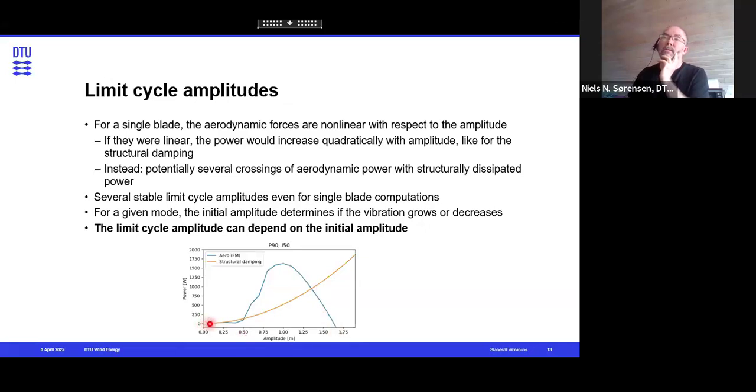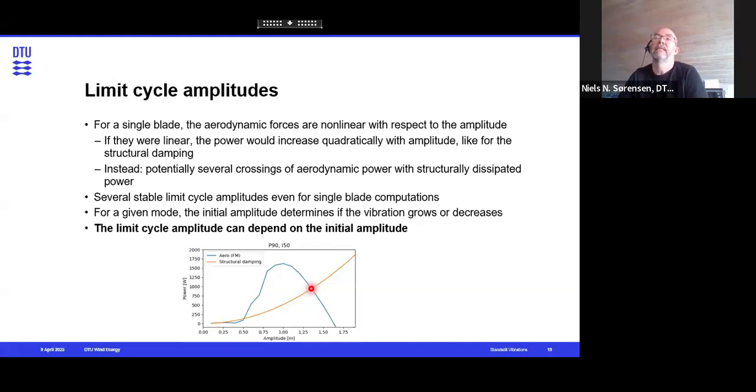The damping from the structural model is this orange curve. And then we can simply find the points where we have equilibrium between the structural damping and the aerodynamic power. And these will be possible limit cycle oscillations. And at least we found it interesting when we saw it for the first time.